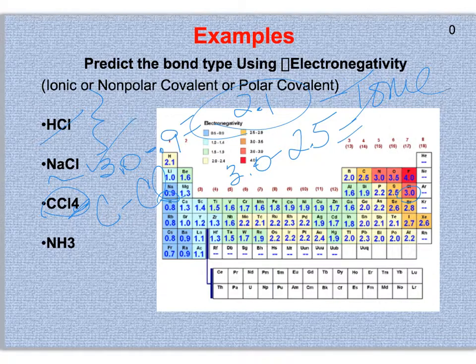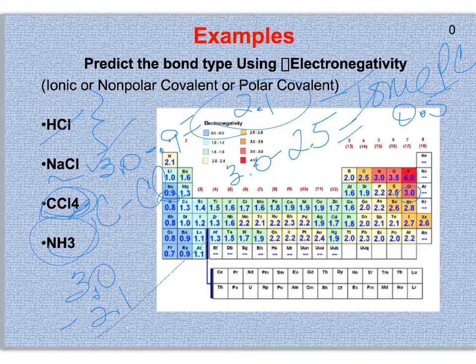So the difference is 0.5, and that just barely puts it into the polar covalent category. Finally, ammonia, NH3. Nitrogen also has an electronegativity of 3, and hydrogen 2.1. So the difference between nitrogen and hydrogen is 0.9, and that, of course, is polar covalent.